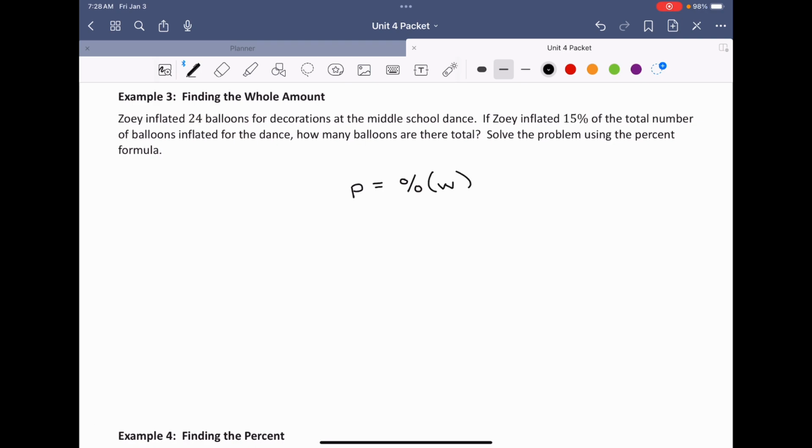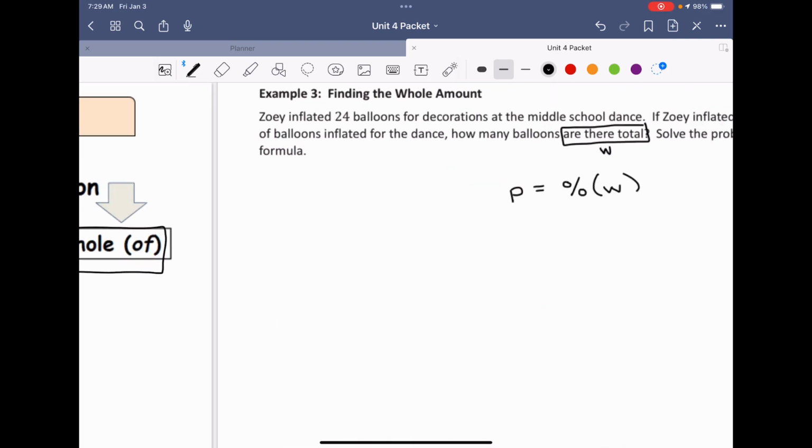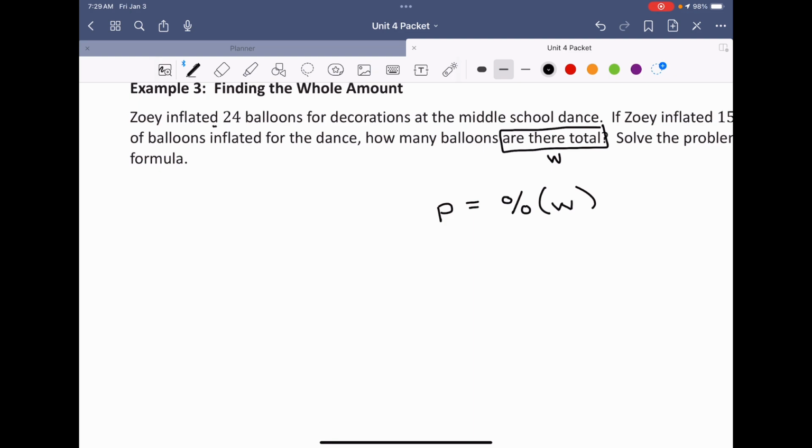Alright, so she inflated 24 balloons for the decorations, but it says Zoe inflated 15% of the total number. How many balloons are there total? So that total is my whole. These 24 balloons that she's already inflated are the part.